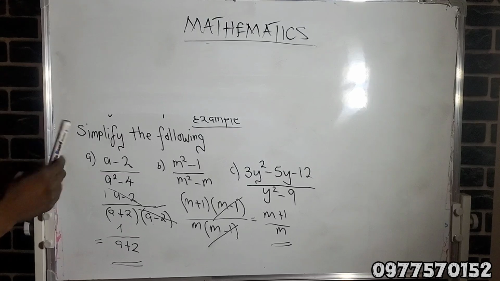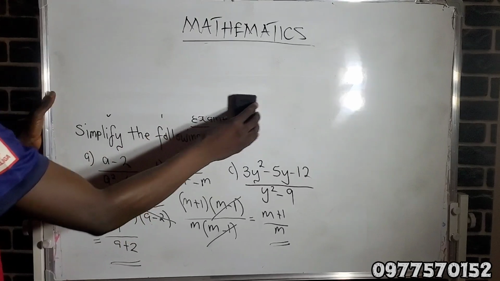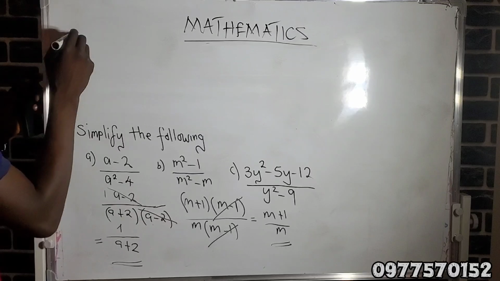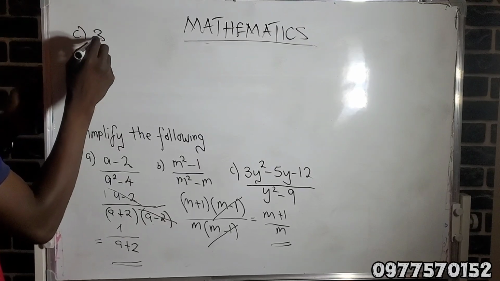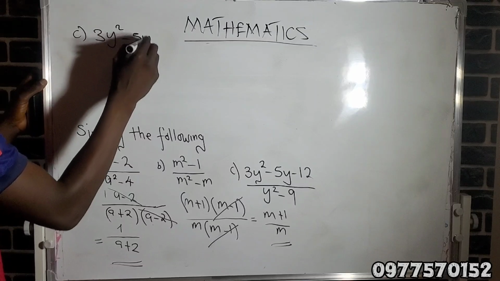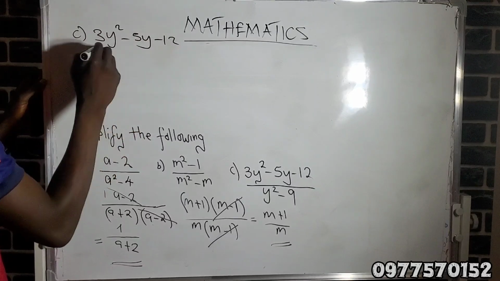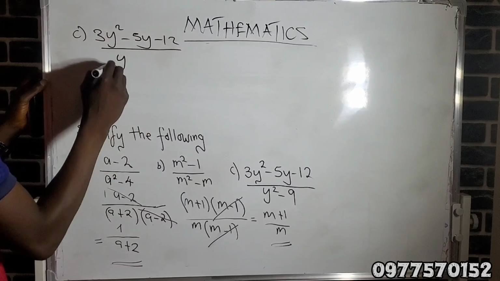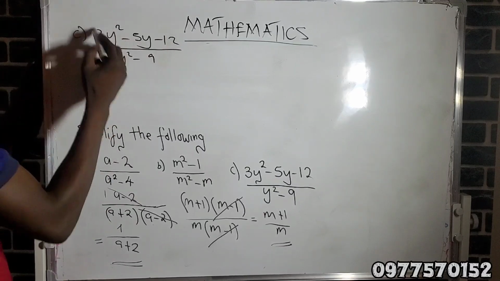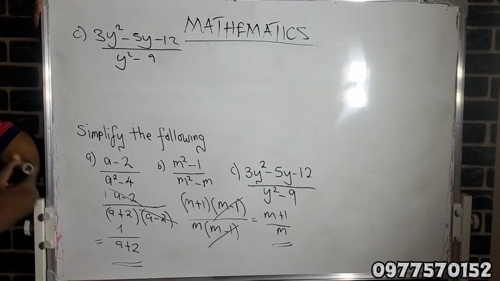Okay, now C is 3y squared minus 5y minus 12 over y squared minus 9. So when you look at what is on top here, this is a quadratic expression.